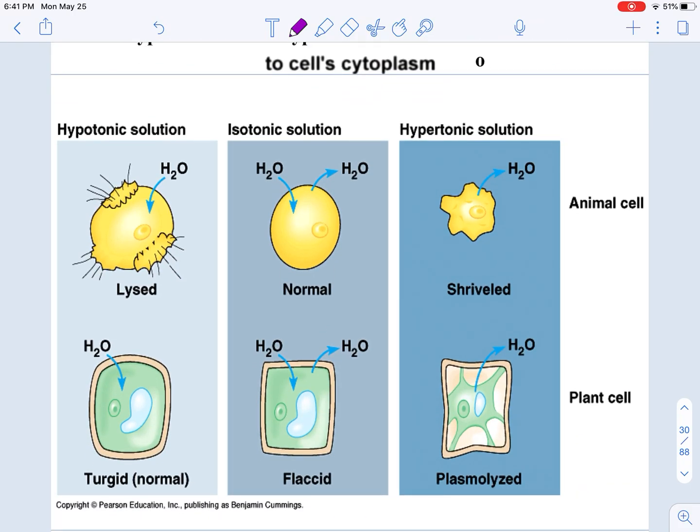So this shows you the exact same thing, except it shows you what happens in a plant cell. In a plant cell, if you put it in a hypotonic solution and water goes in, it will fill the big vacuole and make the cell nice and plump. So watering your plant will do that good thing.